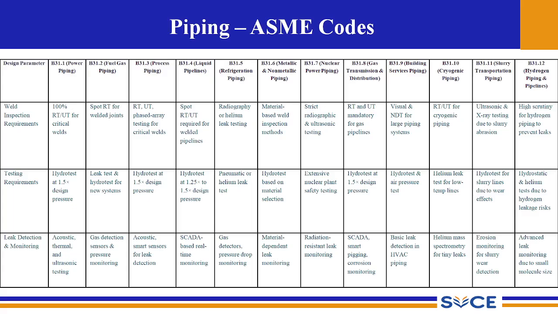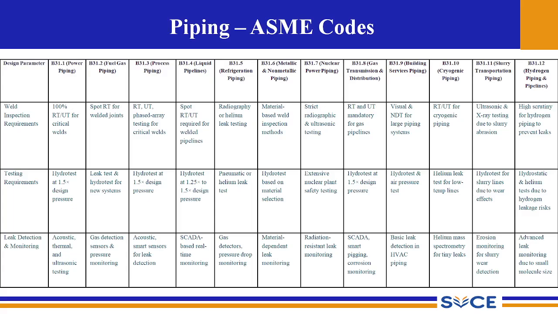In case of B31.5, the weld inspection requirements require the radiography or helium leak testing. The testing requirements will be pneumatic or helium leak test. The leak detection and monitoring will be done by gas detectors and pressure drop monitoring.